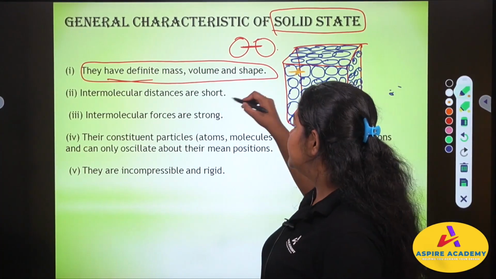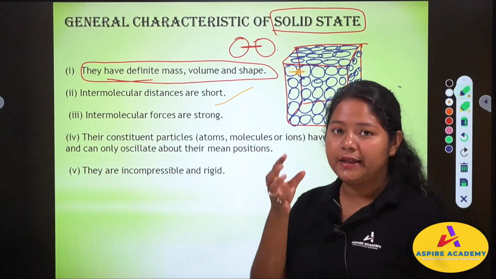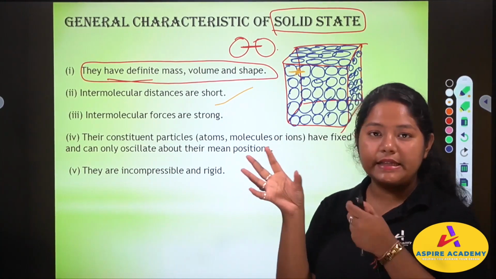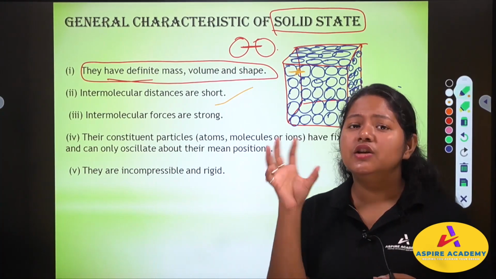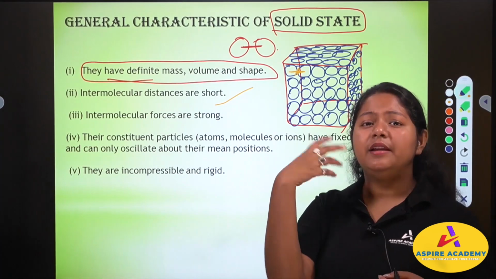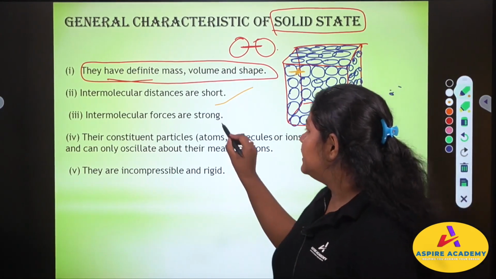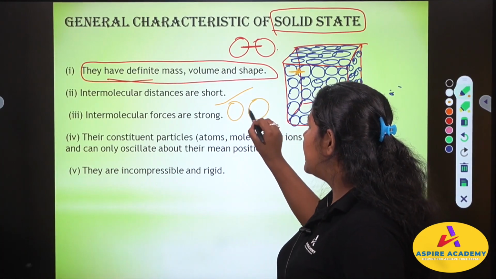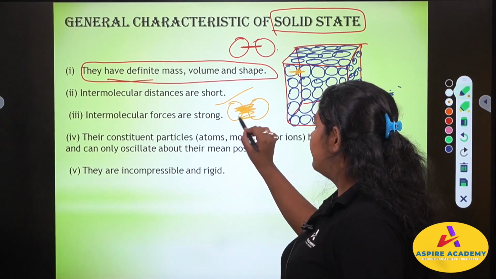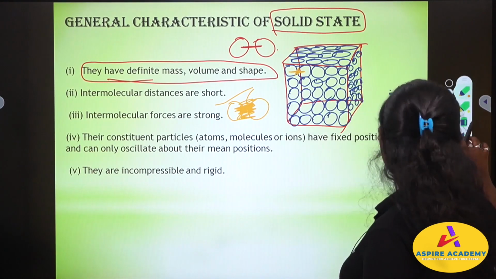Intermolecular distances are very short and intermolecular forces are very strong, which means that when the distance between the particles is very small, the particles are joined together tightly. That means the intermolecular force is more. The intermolecular force between these particles is very good.